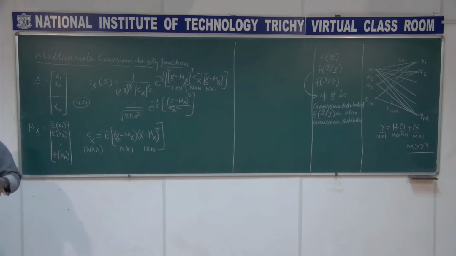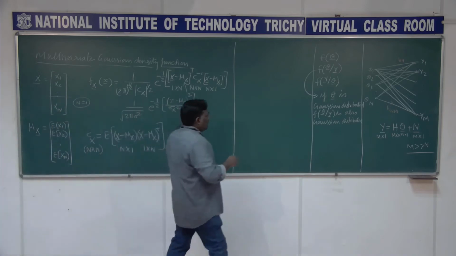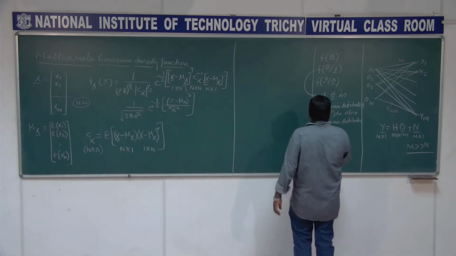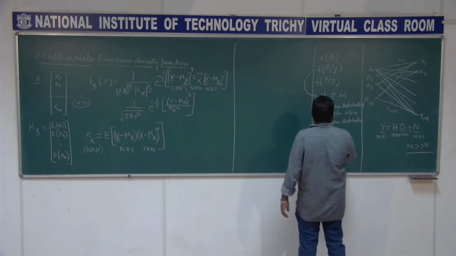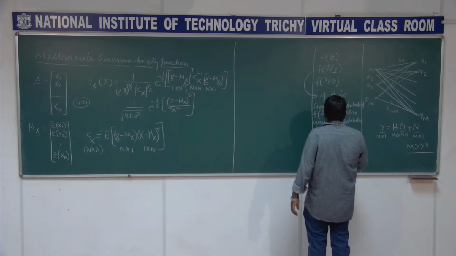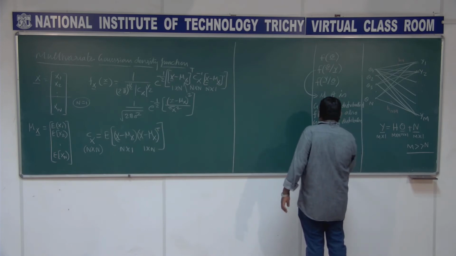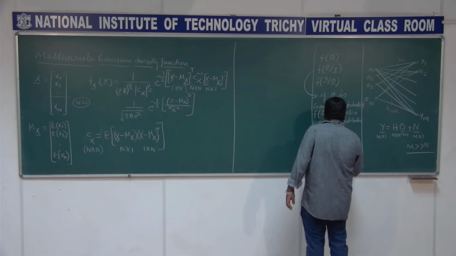The density function f of theta given y is Gaussian, and we would like to know its mean. So let us see what the covariance matrices are for this. Let me write here C_y, C_y theta, C_theta y, and C_theta.